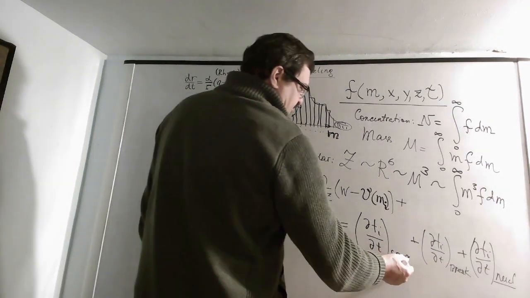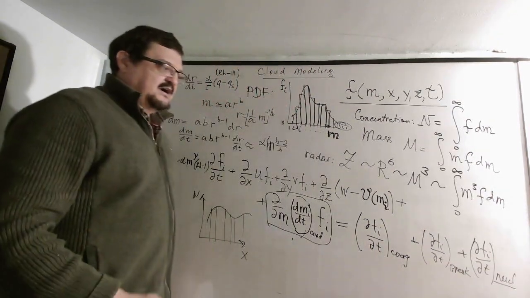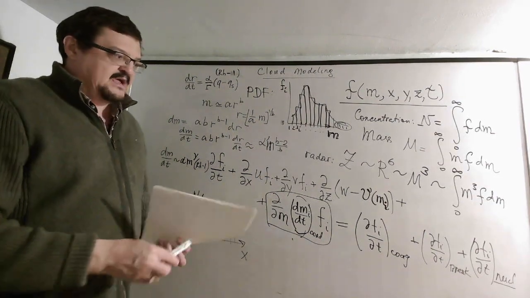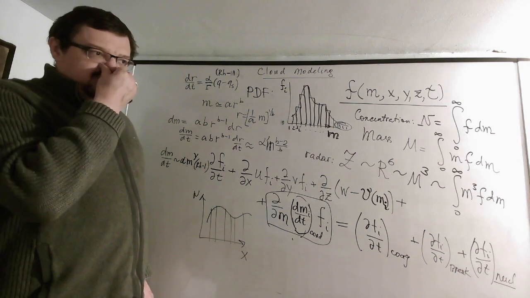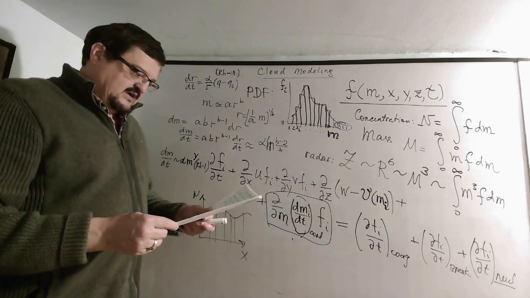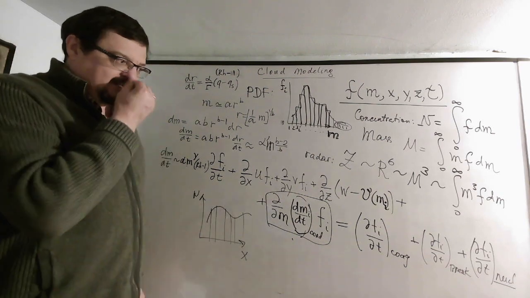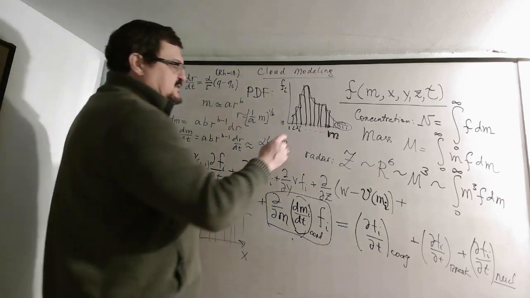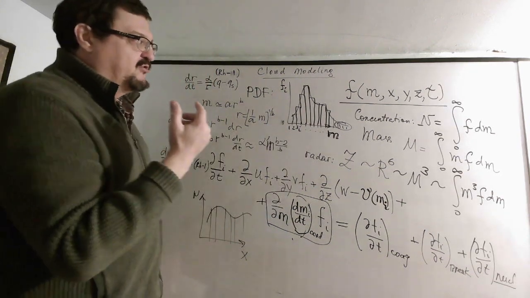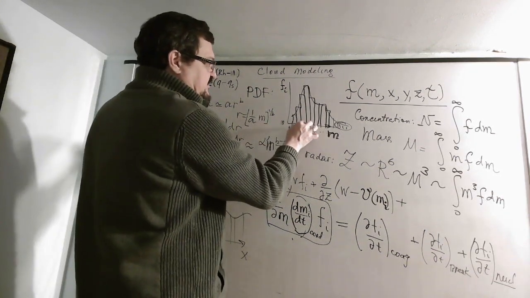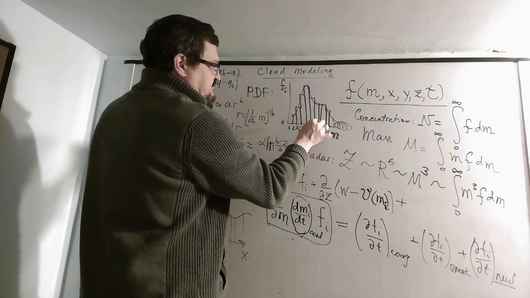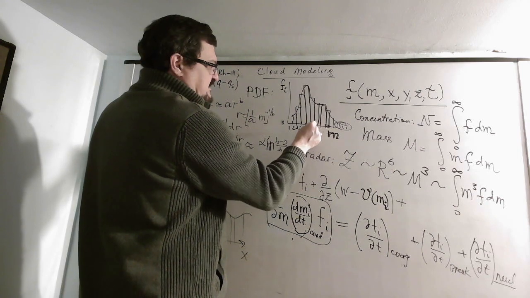Another problem is how you treat coagulation, and for that you need to solve the so-called kinetic or coagulation equation, which is basically a very simple idea. You can put mass on a logarithmic scale such that each bin can be produced: if you collide two bins, you produce some other bin.